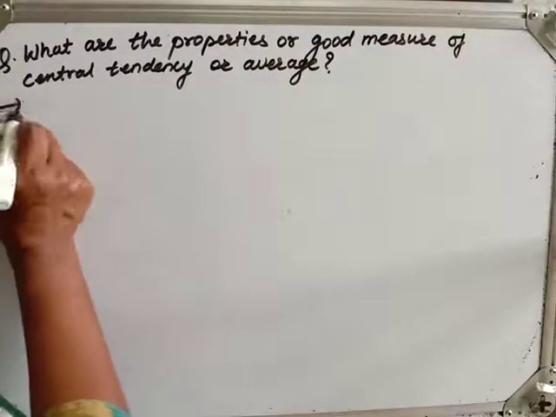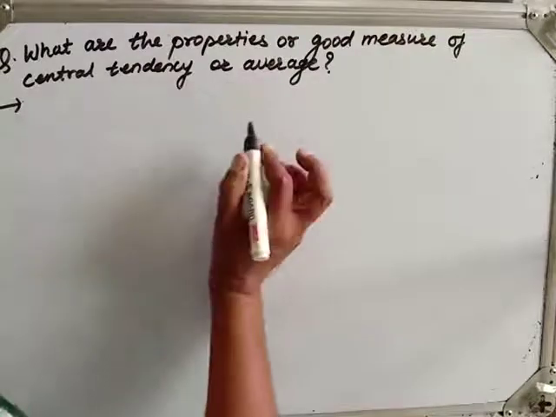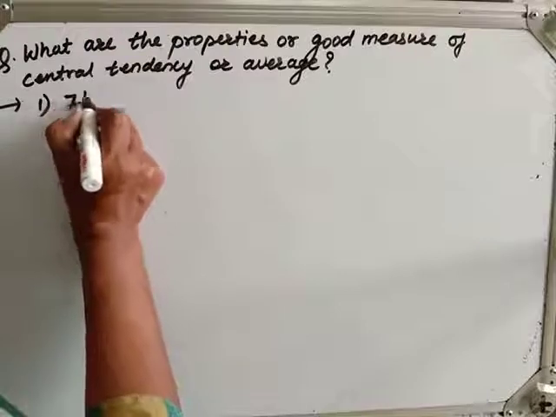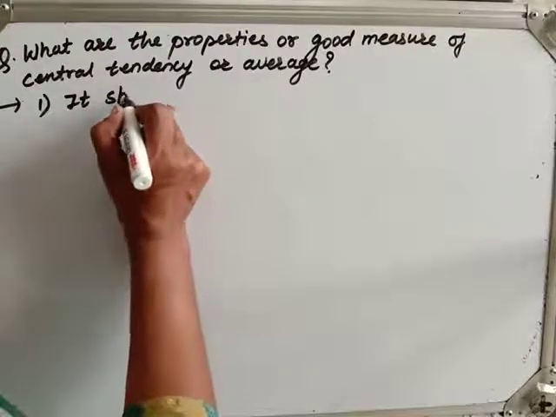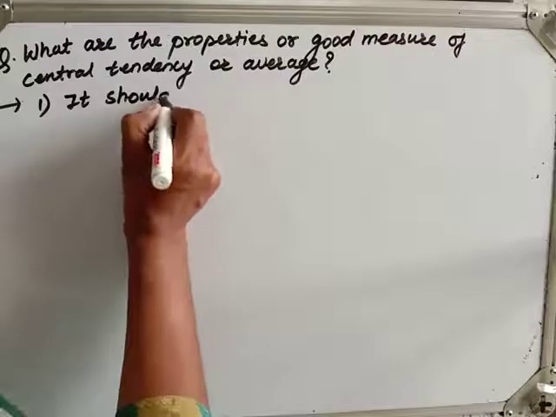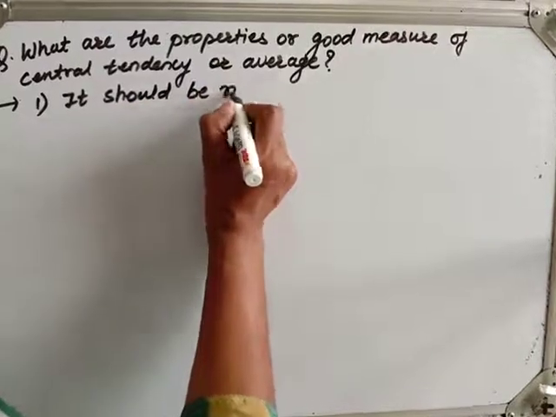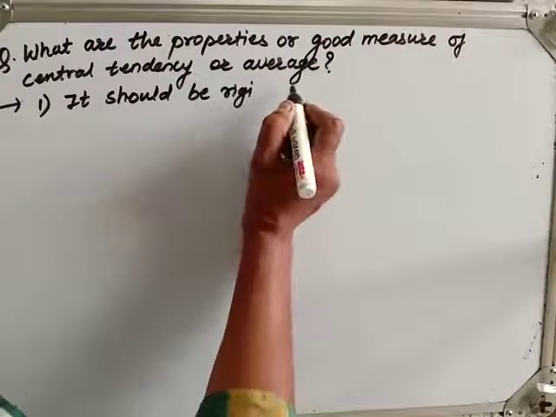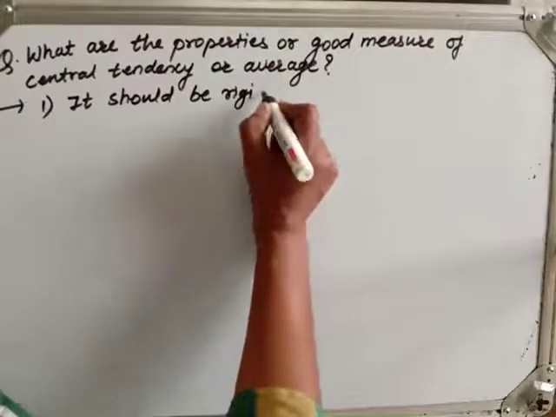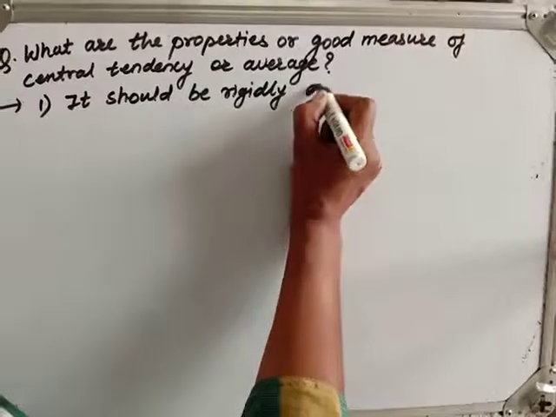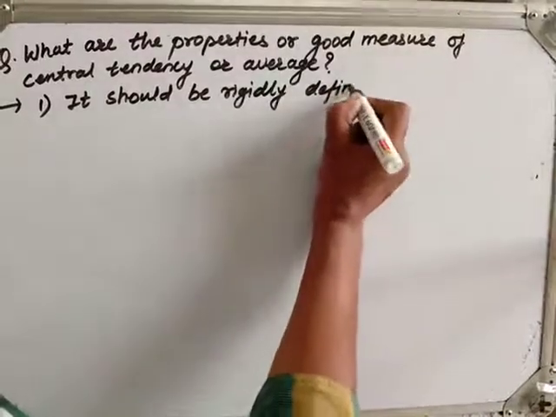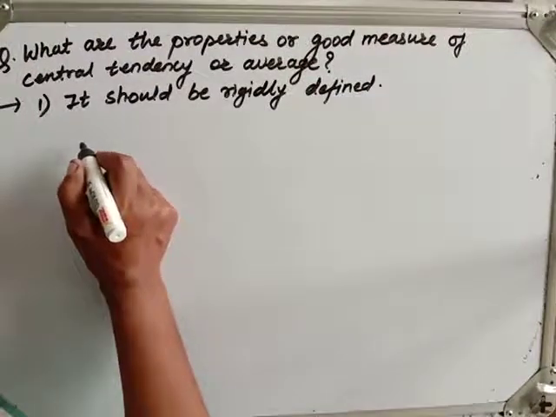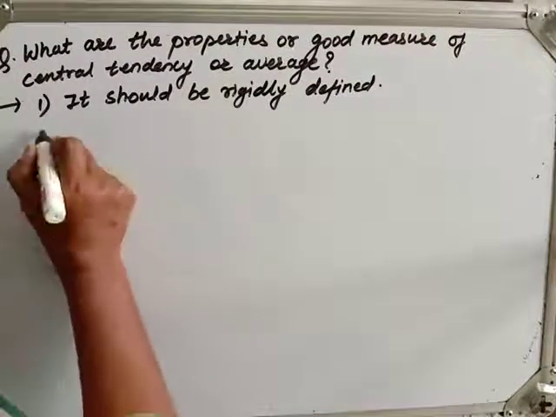There are various properties. The first one, it should be rigidly defined. Means a good average should have a clear and stable definition, that is, it has a definite and fixed value.